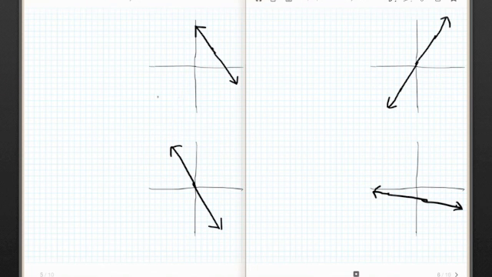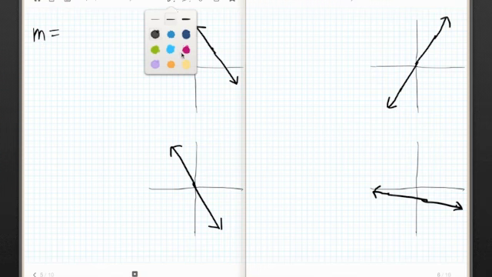Alright, now we're going to start throwing in some more weird things. Okay, so the slope of this one. Let's see, where can we start? Looks like we have a point right there. And we have another point right here. Okay.